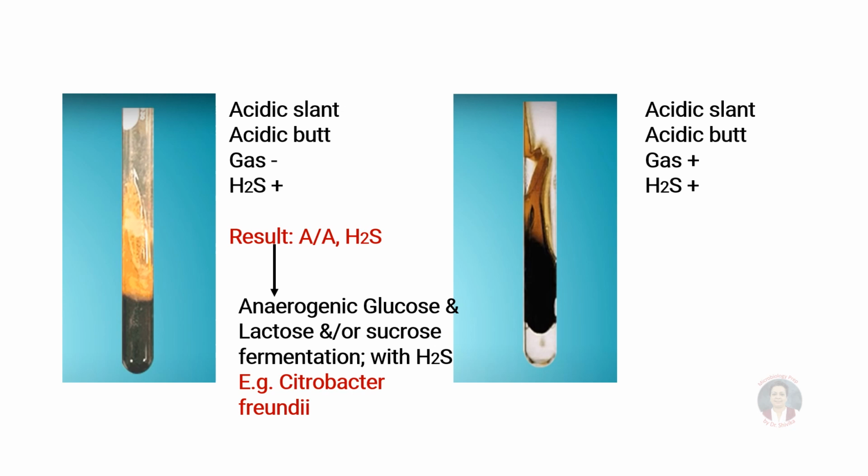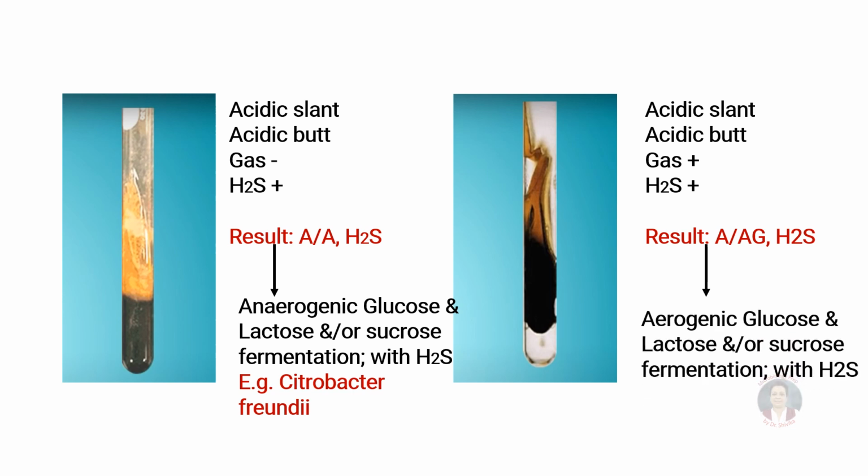So acidic conditions are there in the butt. So the result is going to be written as A oblique AG, comma H2S, interpreted as aerogenic glucose and lactose and or sucrose fermentation with H2S.